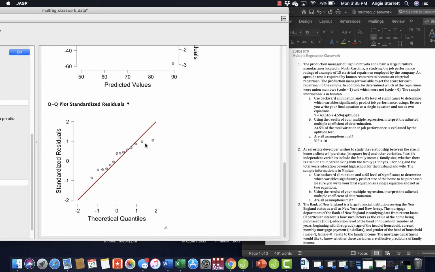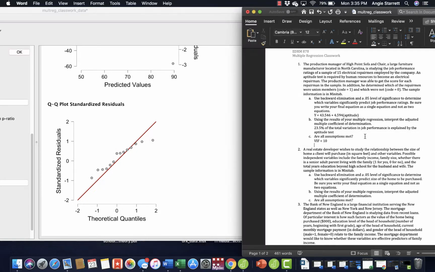So most likely, I'm guessing, this right here is just an outlier residual because everything else is really close to our line. So I'm going to say, QQ plot looks like residuals are close to normal.